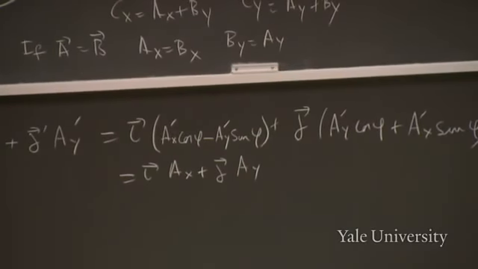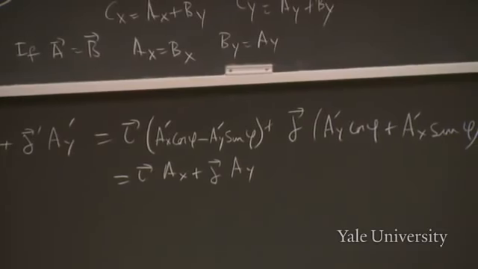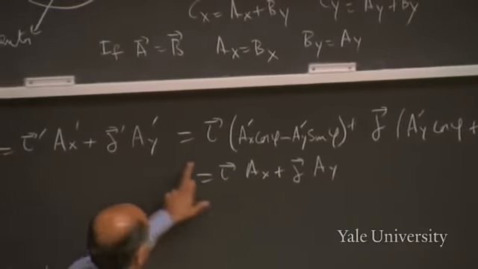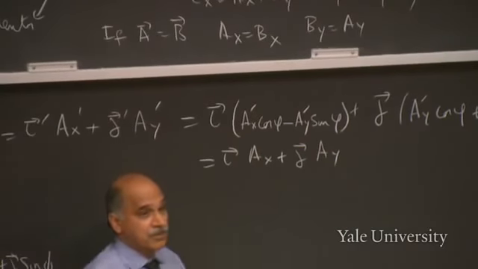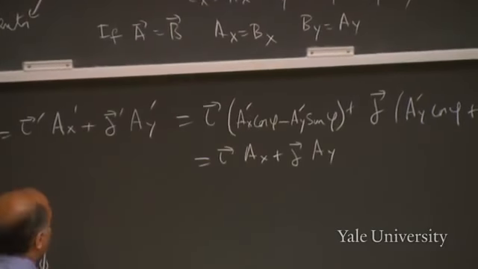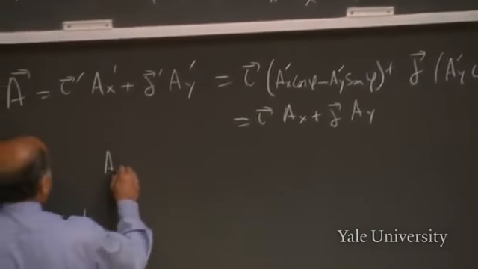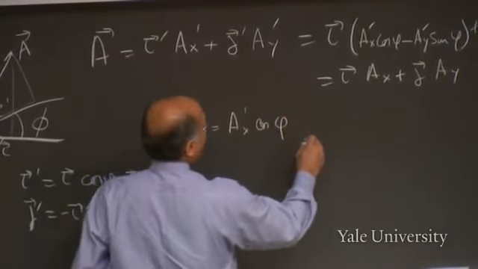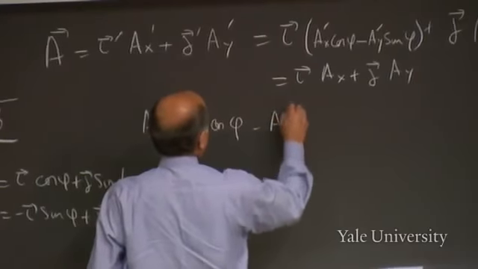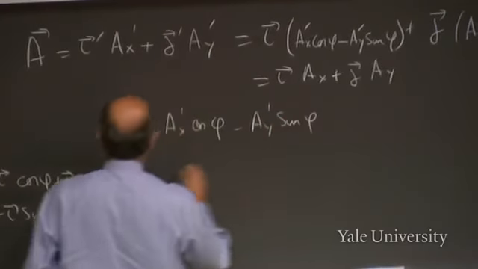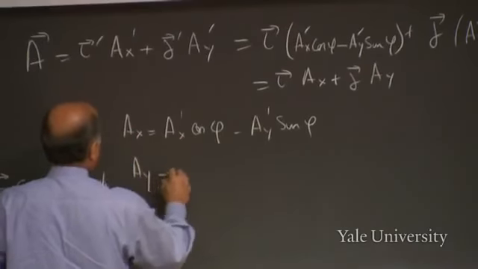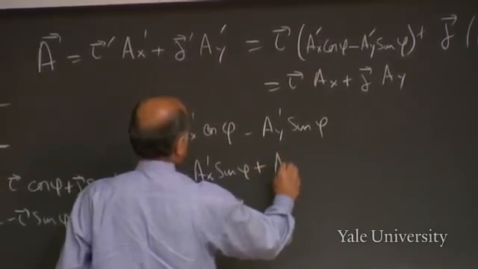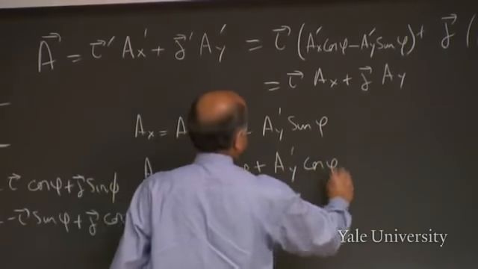I know you couldn't do the details, but you should at least know there is i prime and j prime that have been replaced by i and j, but ax prime and ay prime will continue to be the coefficients. So if I make a comparison, I find ax is equal to ax prime cosine phi minus ay prime sine phi, and ay is equal to minus ax prime sine phi plus ay prime cosine phi.